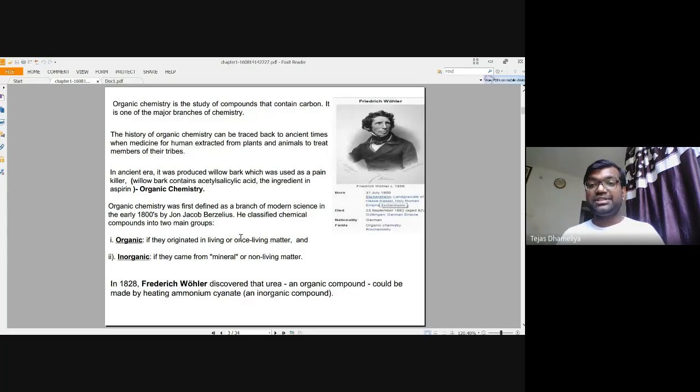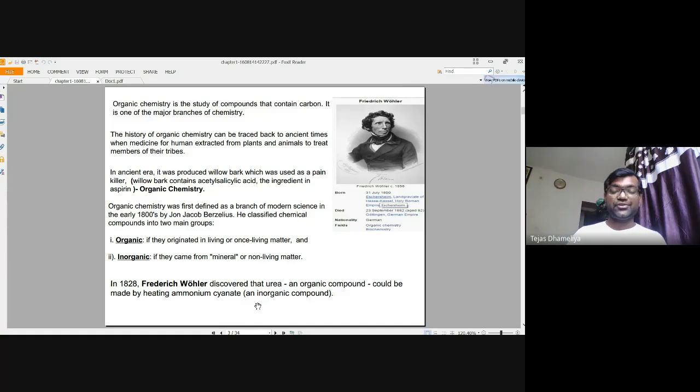This gentleman on your screen, Friedrich Wöhler, was the first scientist who discovered urea and identified it as an organic compound, generated by heating ammonium cyanate. Ammonium cyanate is again an inorganic compound, NH4CN.